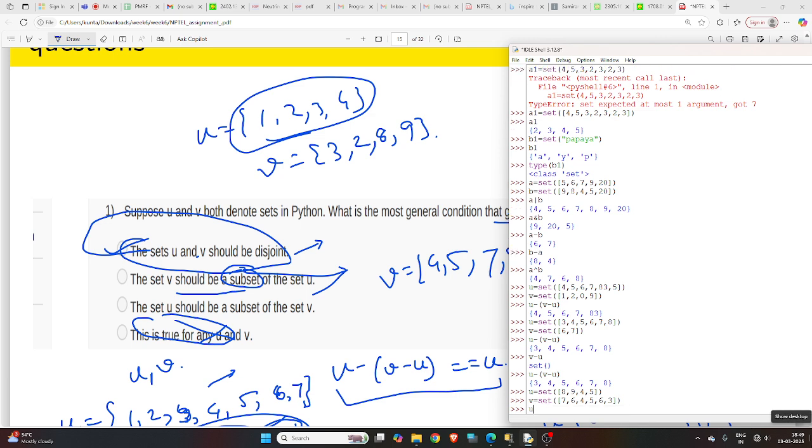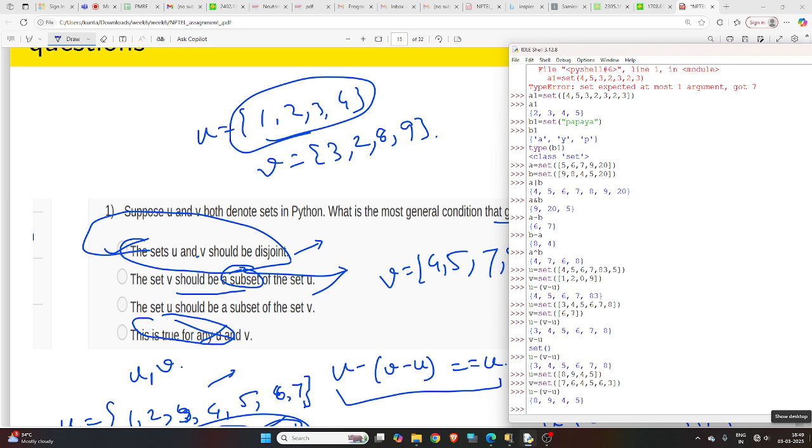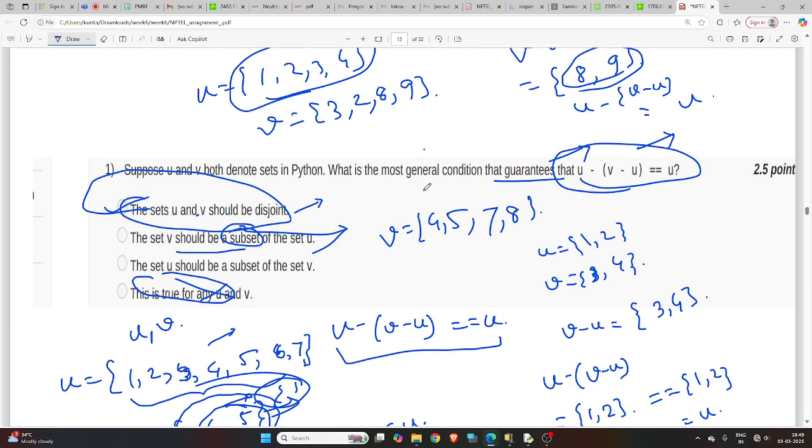So U minus (V minus U) is 4, 5. Yeah, all the things will be exactly the same. Okay, I think there is a problem in that question.